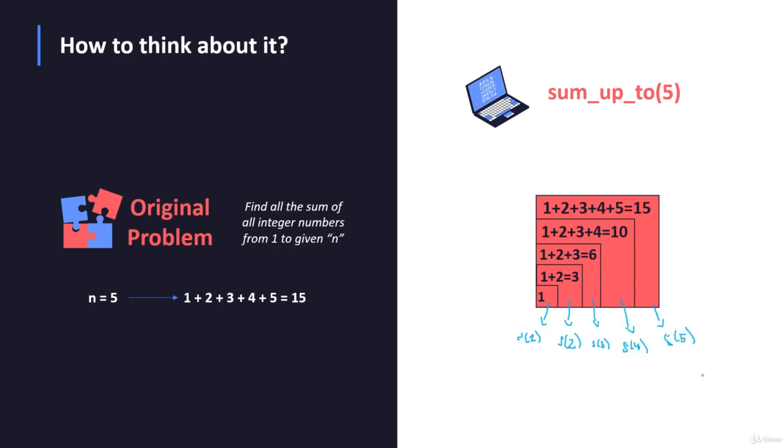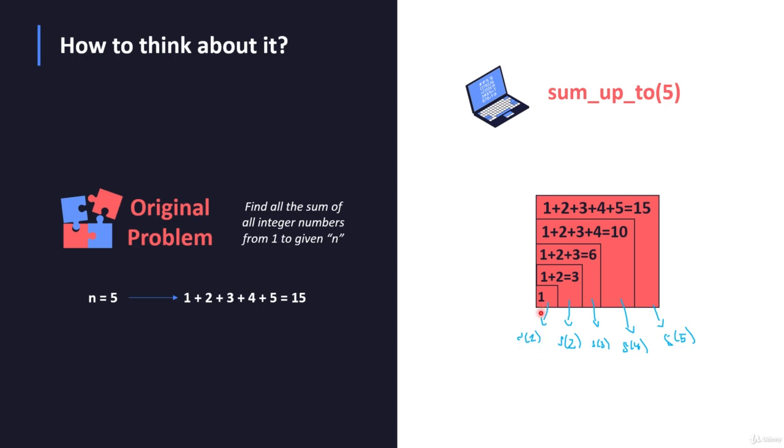So if you've noticed in this example right here, what was done is that we simply divided the main problem, which is sum up to 5, the bigger problem, into solving some smaller sub-problems. First of all, we found out the sum up to 1.